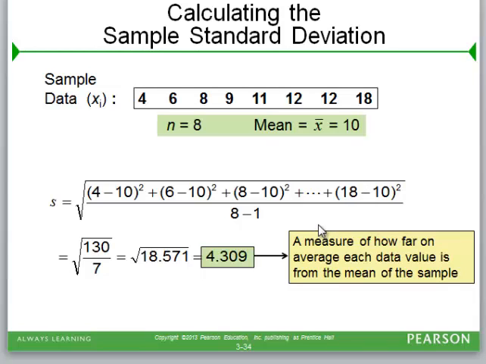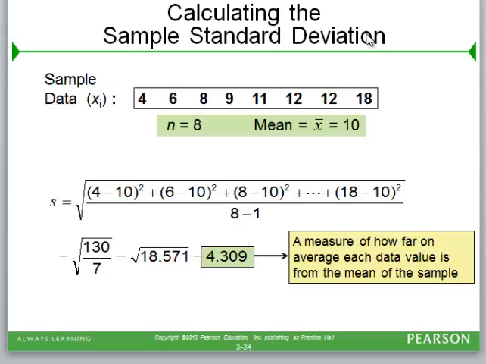If the standard deviation is a large number, that means on average each data value is far away from the mean of the sample. If the standard deviation is a small number, that means on average each data value is close to the mean of the sample.